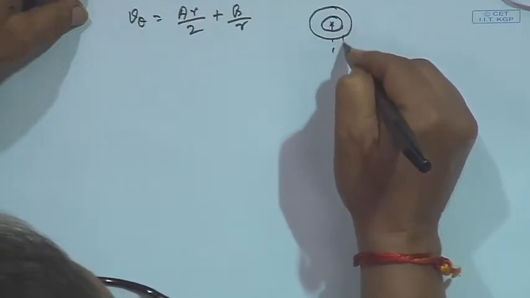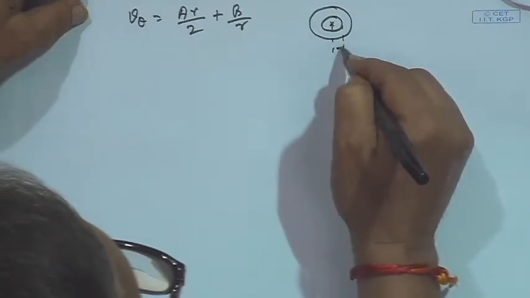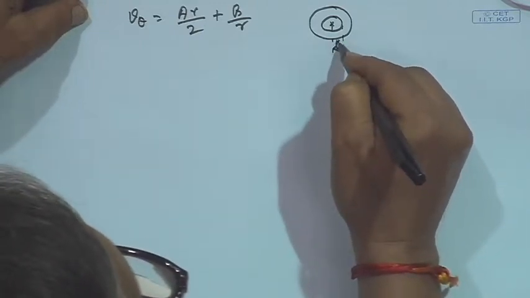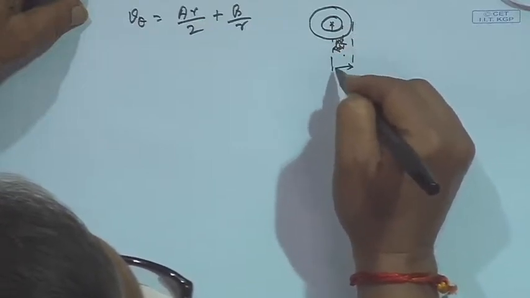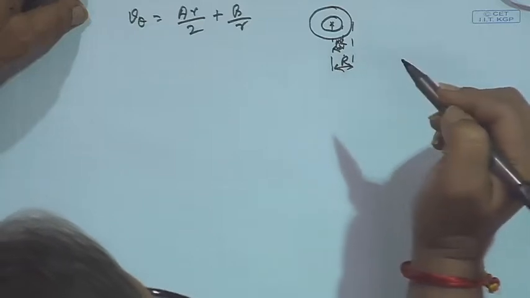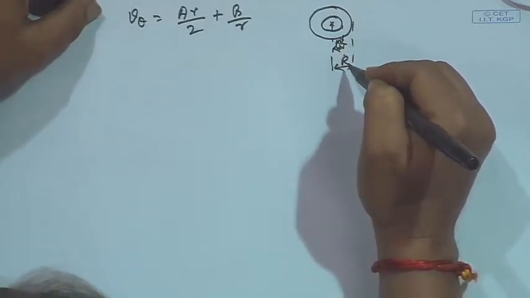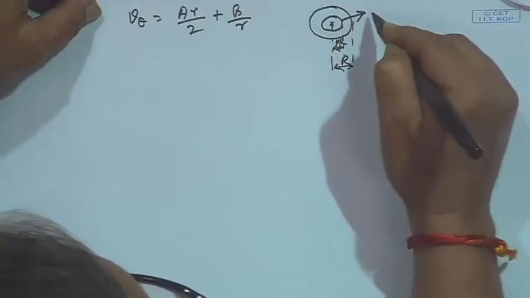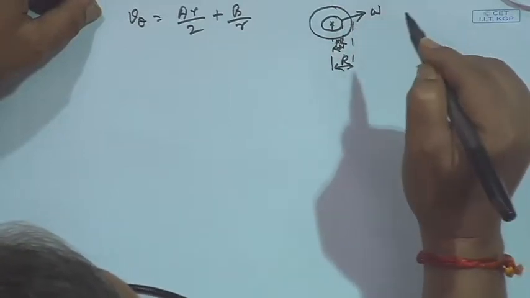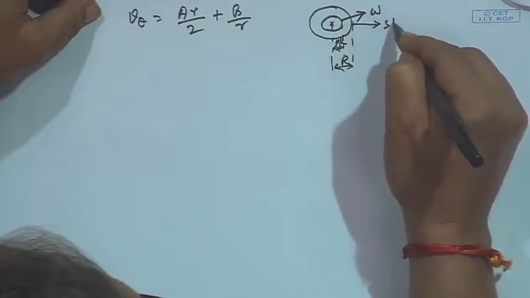So, we said that the inner radius is kr and the outer radius is r, and we said that this inner one is rotating with an angular velocity of omega and outer one is stationary.